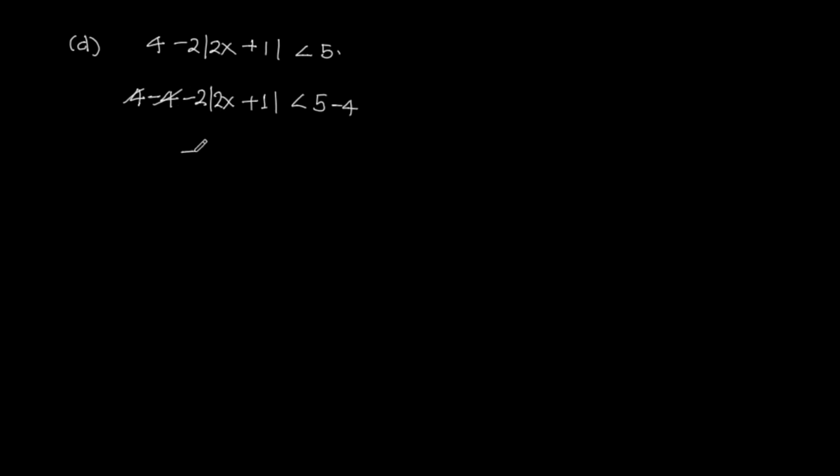The 4 disappears and we have negative 2 times |2x + 1| is less than positive 1.